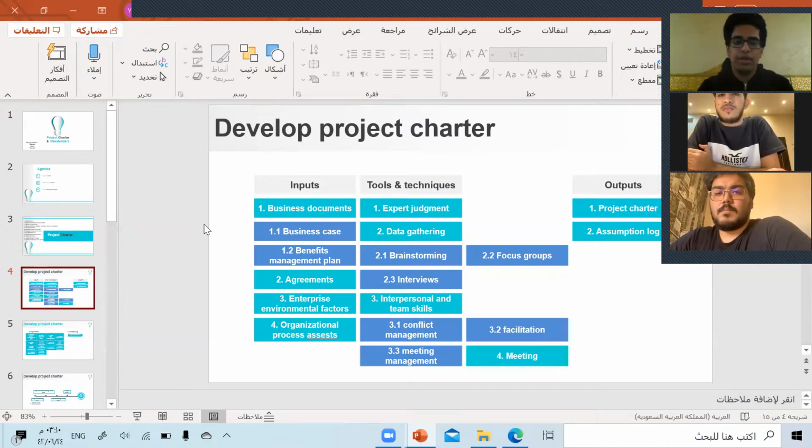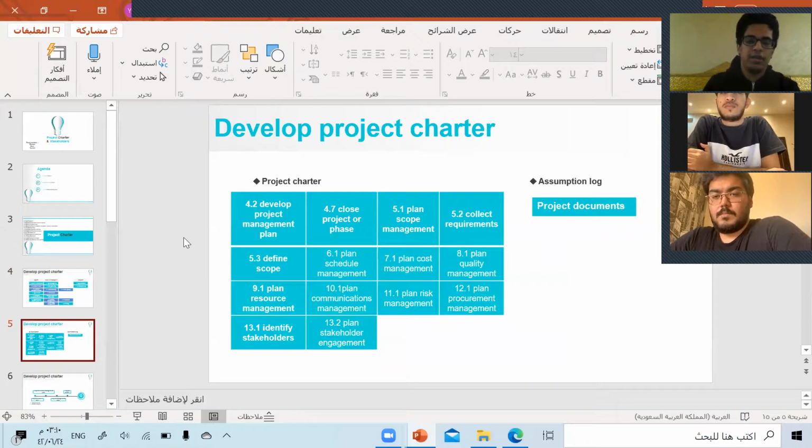The outputs in this slide are the inputs in the next slide. The project charter is an input for develop project management plan, close project or phase, plan scope management, collect requirements, define scope, plan schedule management, plan cost management, plan quality management, plan resource management, plan communications management, plan risk management, plan procurement management, identify stakeholders, and plan stakeholder engagement.